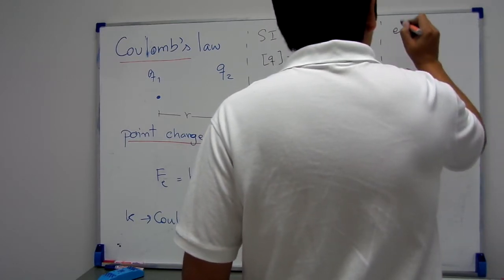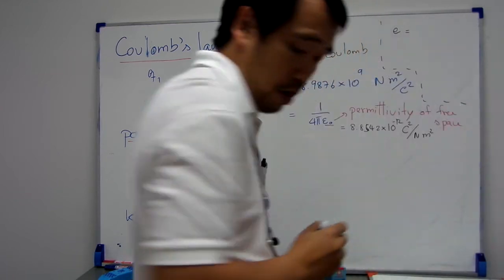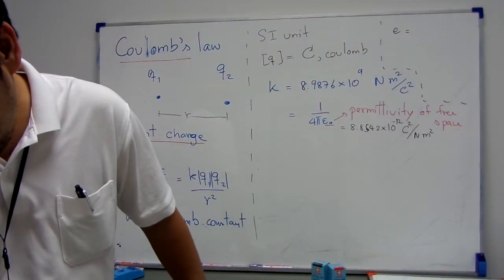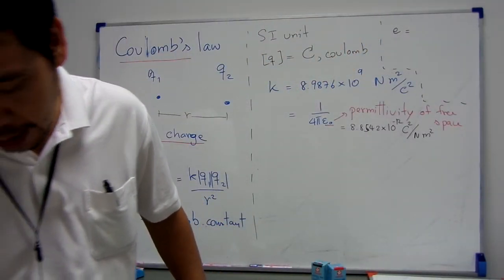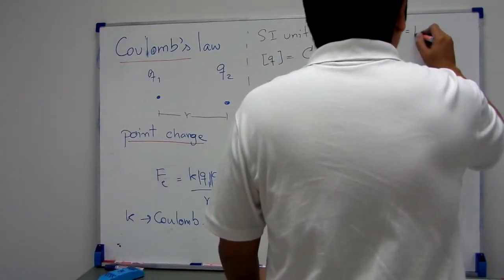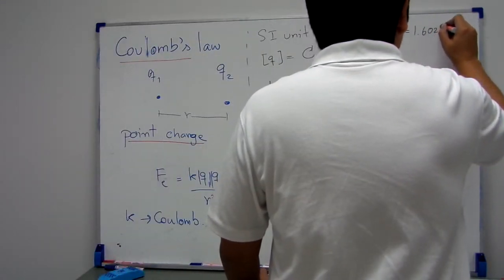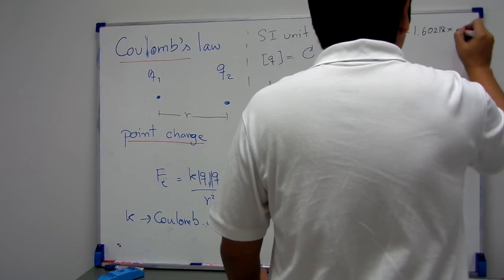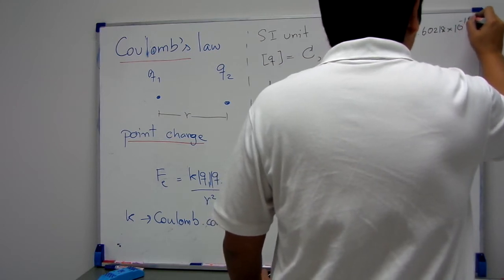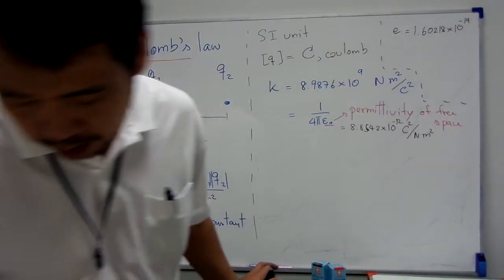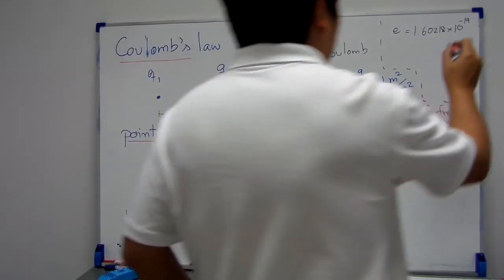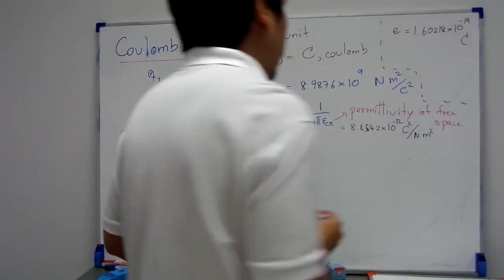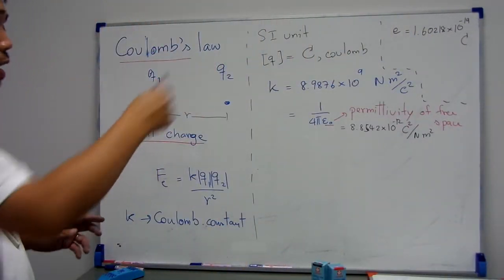The electric charge e is equal to 1.60218 times 10 to the minus 19 coulomb. That is the fundamental charge.